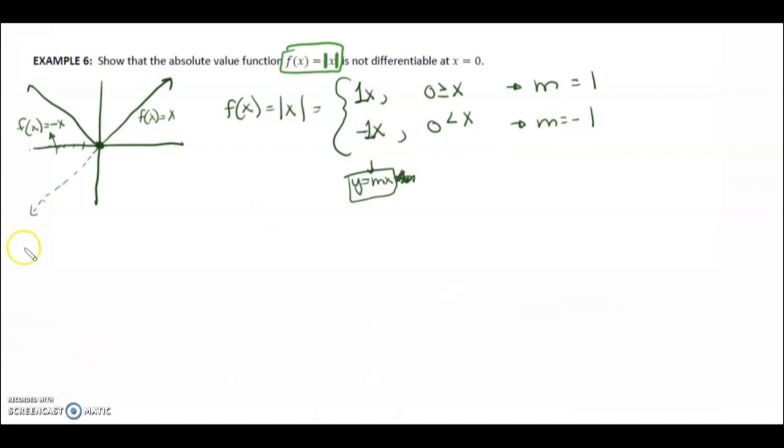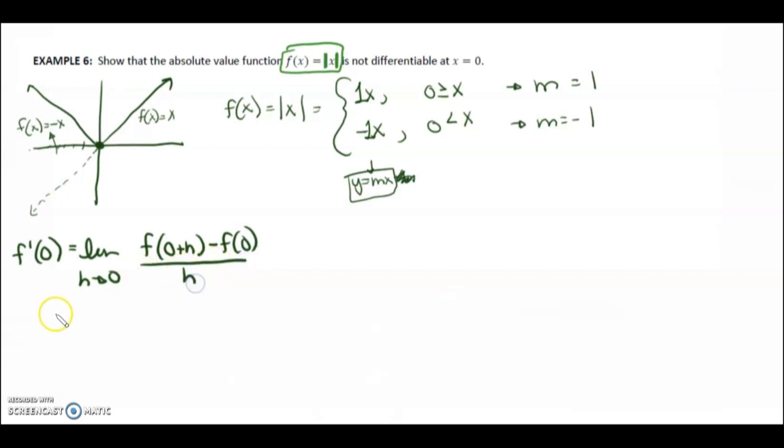Okay, so if we're taking a look at the derivative of f prime, so f prime at 0, we're going to take a look at the limit as h approaches 0, but we're actually going to sub in this time. So 0 plus h minus f at 0 all over h.